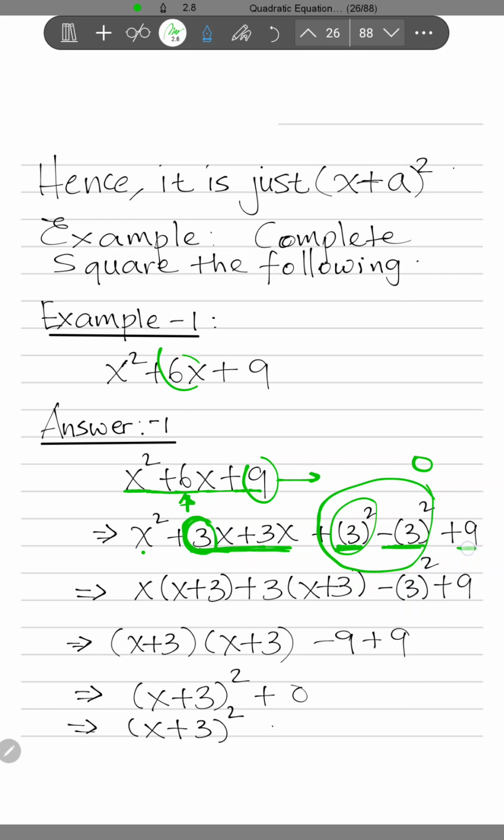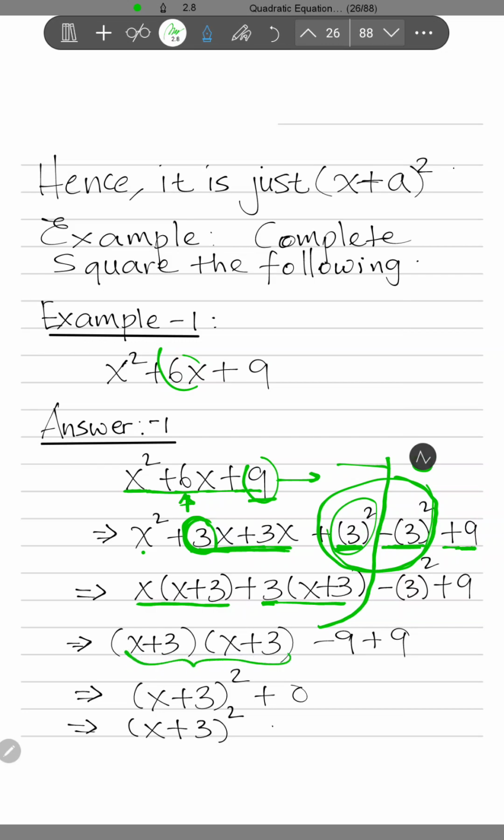Otherwise, number 9 is still there. So I have added nothing here, but I put 3 square minus 3 square. That's just fine. The next thing I do, x into x plus 3 plus 3 into x plus 3. I have taken this part here, this way.